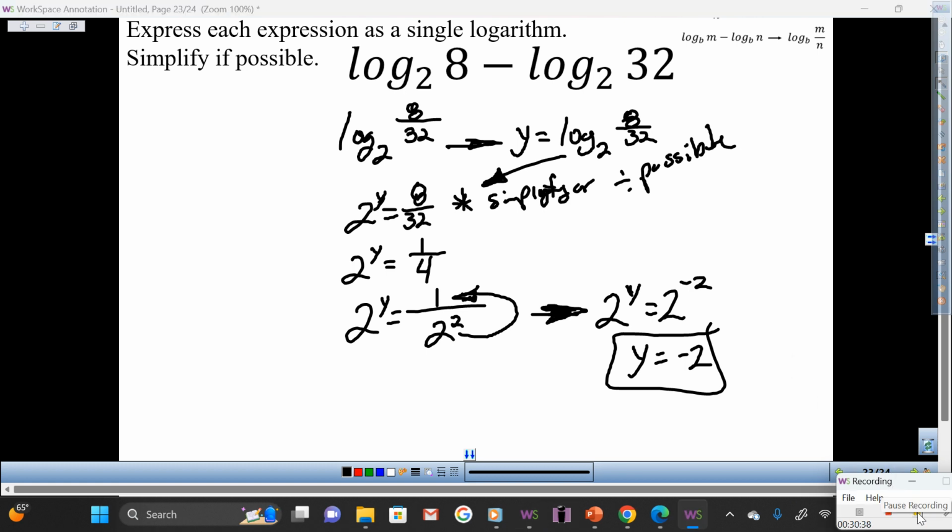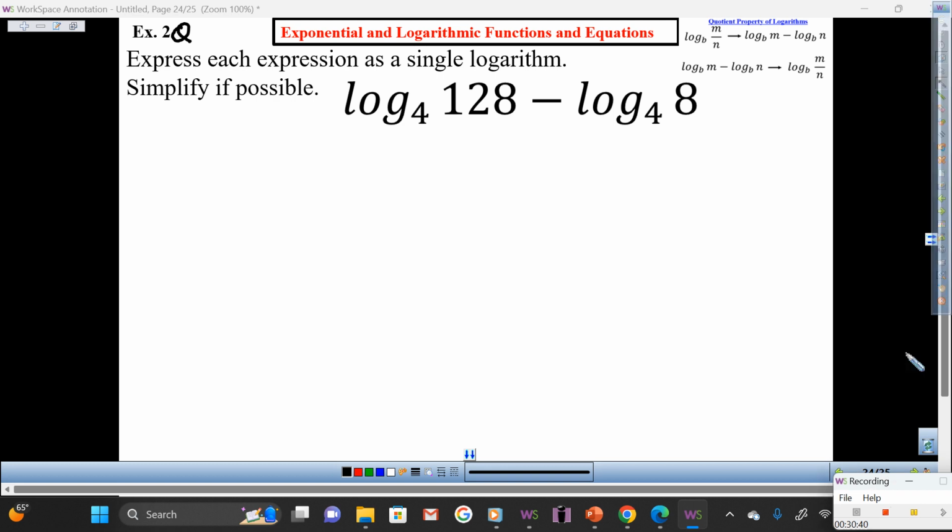All right, send me your notes. All right, help us with this one, please. We can go a little bit faster. Diego Rosas, go. Log base 4 of 128 divided by 8. Continue.